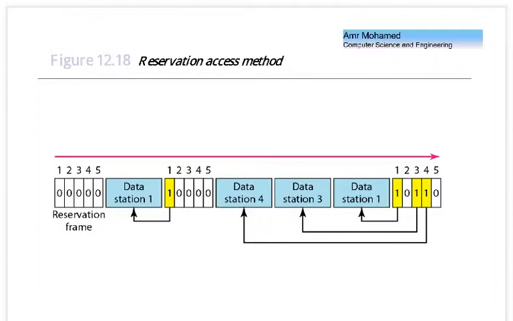The way it works is that we have what we call mini slots. These mini slots match the number of users in the network. So if we have 5 users in the network, we have 5 mini slots. These mini slots are very short time slots, and it's like someone raising his hand to say, I have something to say.